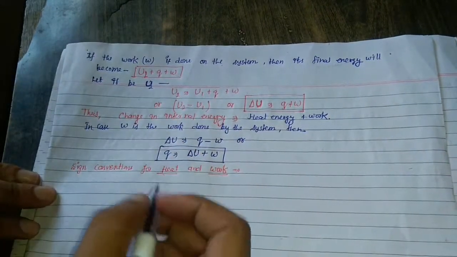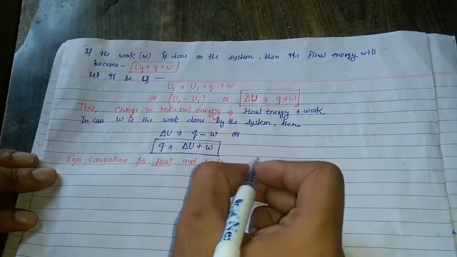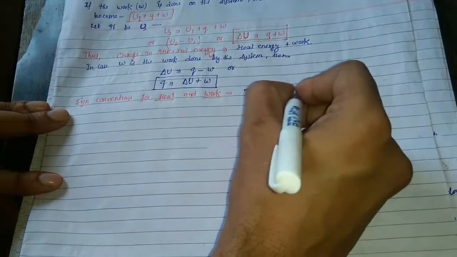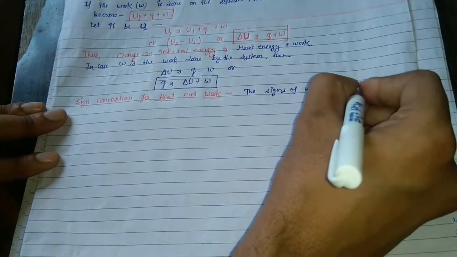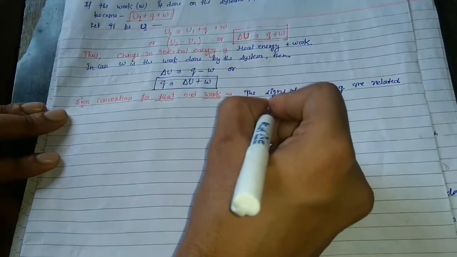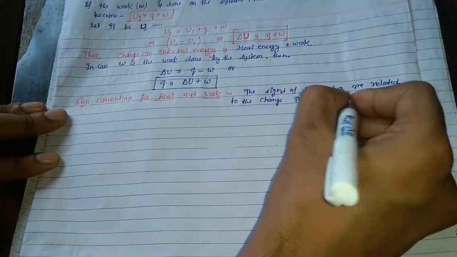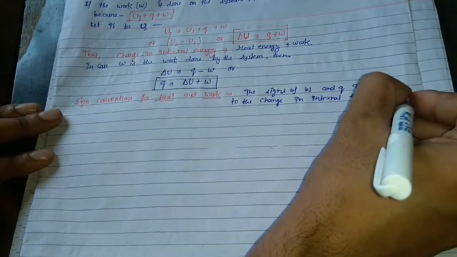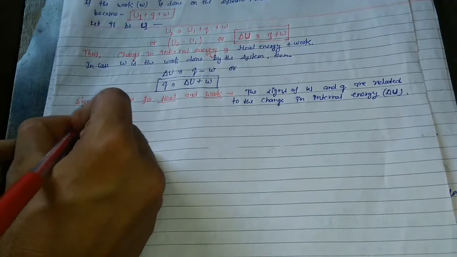It may be noted that the signs of W for the work and heat energy Q are related to the change in internal energy del U. So generally we are forming some statements.